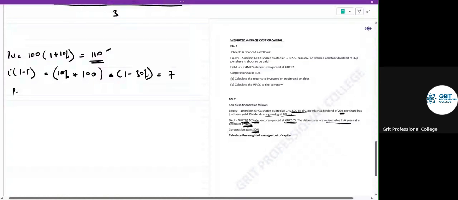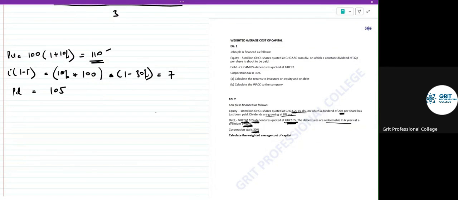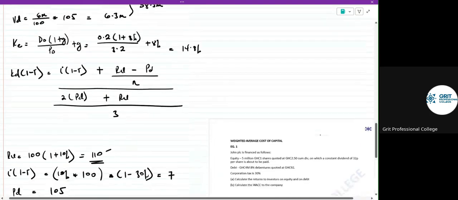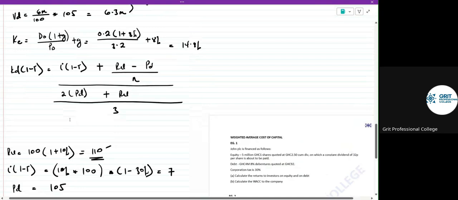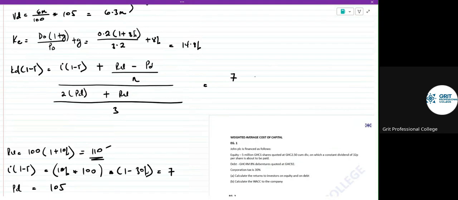The price of the debt or the price of the bond we're told is 105. So we have that here, 105. N, which is the tenor of the bond, is 6. So now that we have all the pieces, we can put it into the formula. The company's after-tax cost of debt will be 7 plus the redemption value of 110 minus the price of the bond, 105, all over 6.